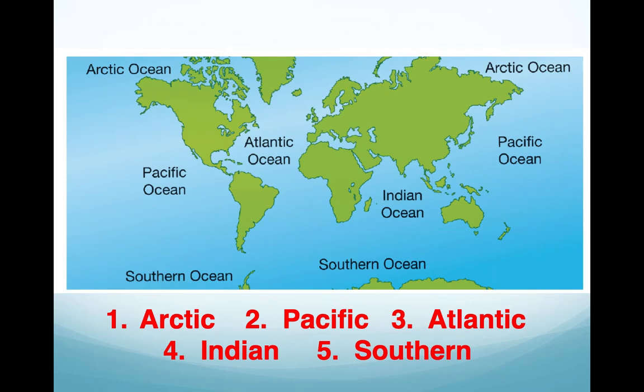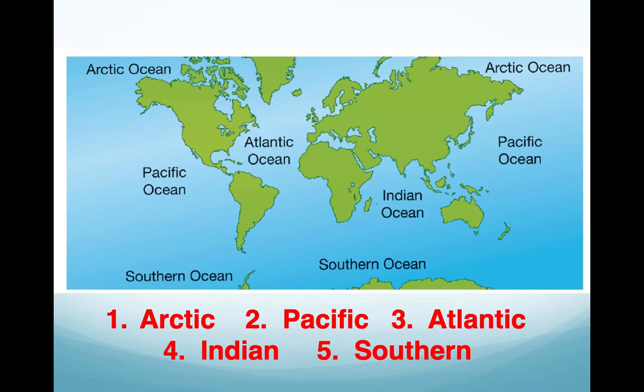When we look at Earth, we have 5 major oceans. They can be divided into smaller ones, and in geography class we'd get into more detail, but for us here, we have 5. We have the Arctic Ocean, up in the far northern part, near the North Pole or 90 degrees north. Then we have the Pacific Ocean, on the west coast of the United States, working its way all the way over to Russia and Asia.